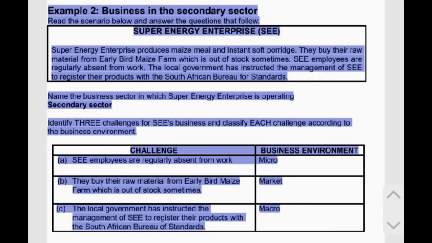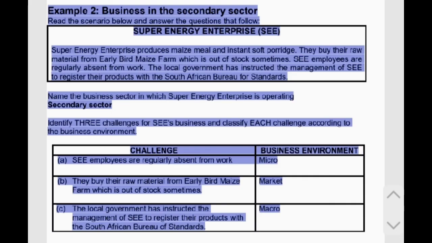So let me give you a second example so that you can be able to answer. We were dealing with the primary sector. Now we will be dealing with the secondary sector. Look at your screen. Read the scenario below and answer the questions that follow. Super Energy Enterprise, SEE, produces maize meal and instant soft porridge.